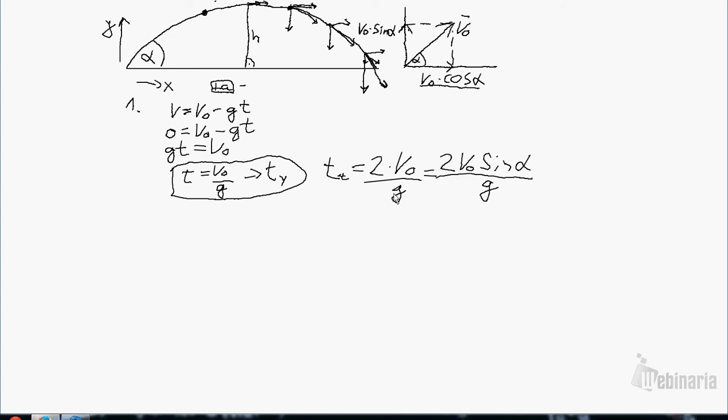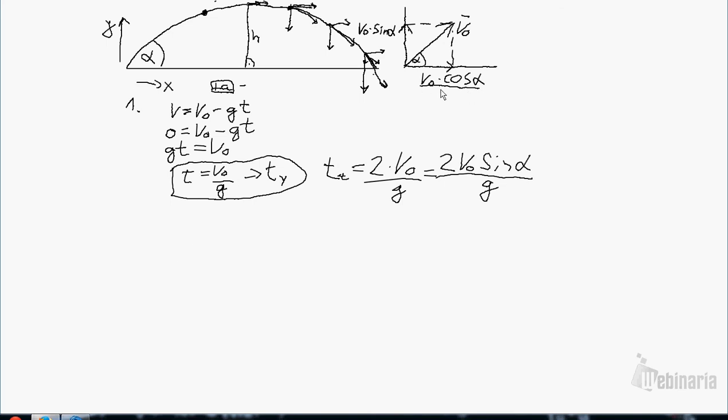So let's say like V0. And don't forget, now we are not just using the V0, because we are using V0 times sine alpha. So let's write it: 2 times V0 times sine alpha, of course over G. Okay, we know the total amount of time which is needed from here to get there.